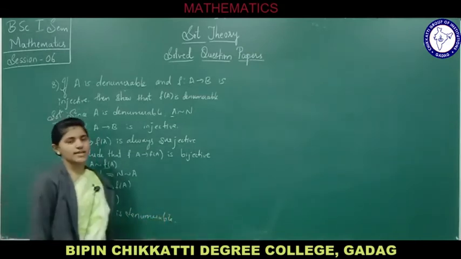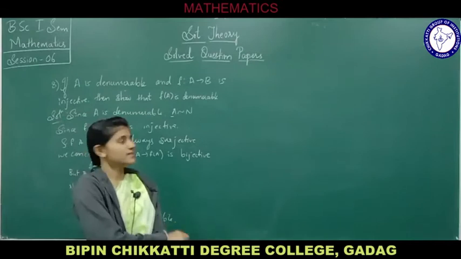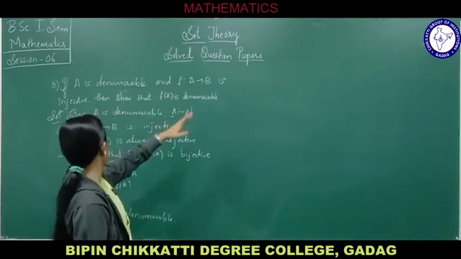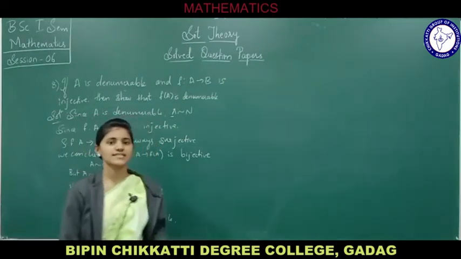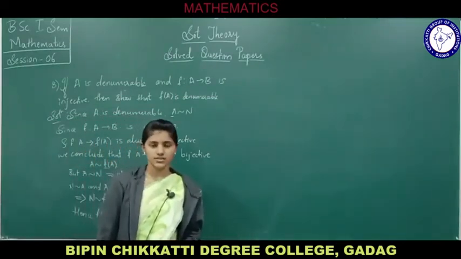What we proved is that A is denumerable, and f is a function from A to B that is injective. Then f of A is denumerable.